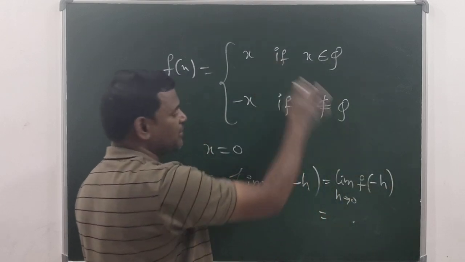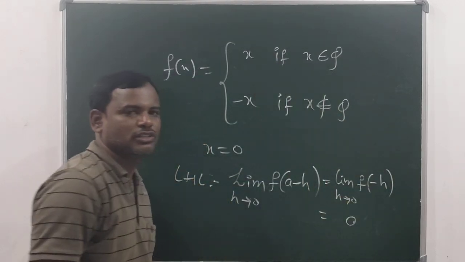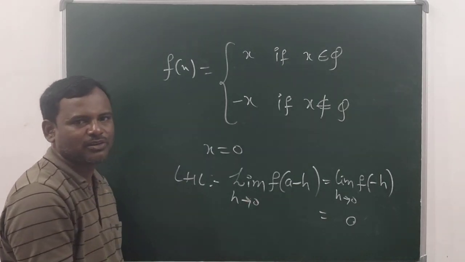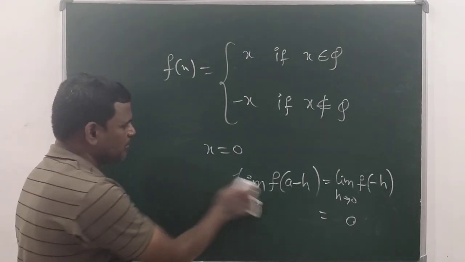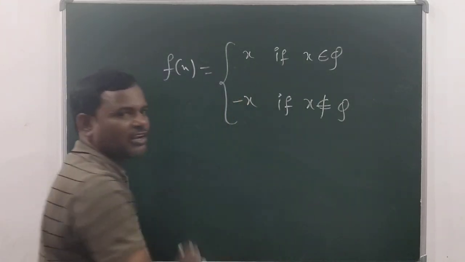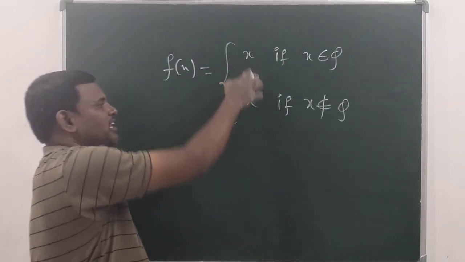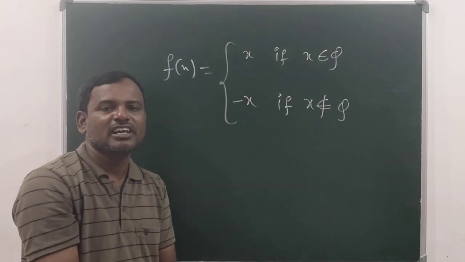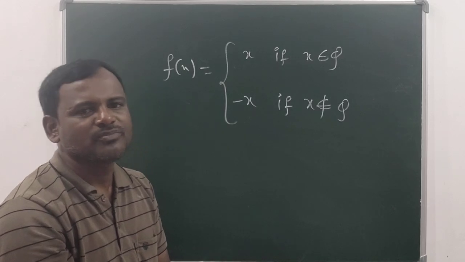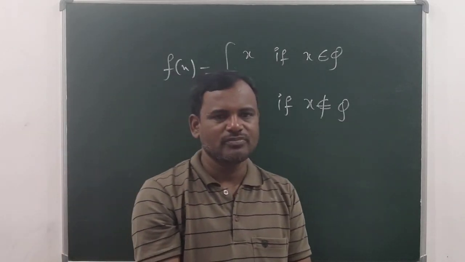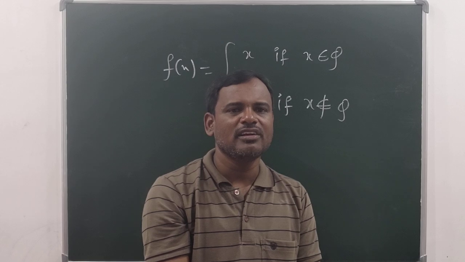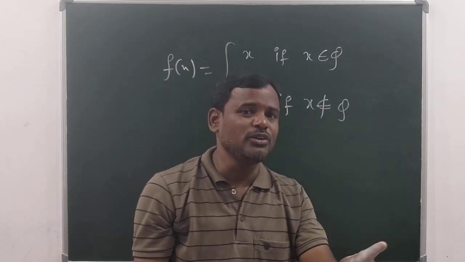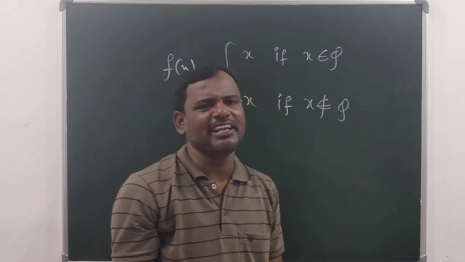Now if in the place of h you write 0, this becomes 0. Similarly, if you find the right hand limit, you will also get 0. Now the functional value: either you substitute here or 0, 0 only will come. Hence, this function is continuous only at x equals 0. This is an example for single point continuity, which means the function is continuous at only one point in the entire real number set.